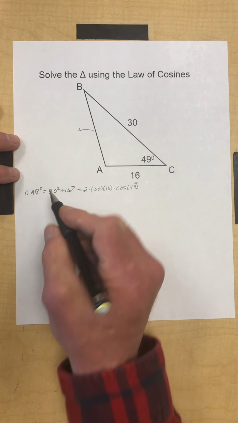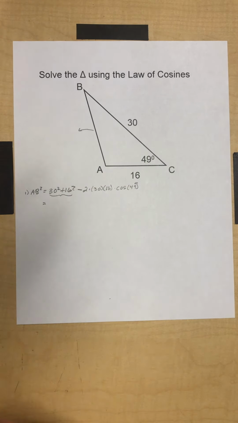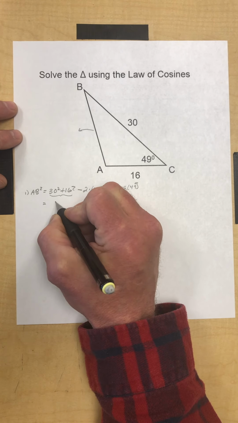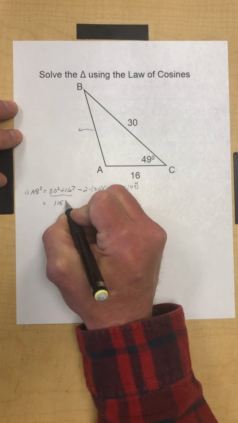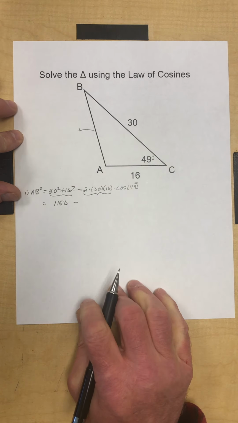So I'm going to take this 30 squared plus 16 squared, and I'm just going to use my calculator. I go 30 squared plus 16 squared, and I get 1,156. Minus. Now we multiply those together.